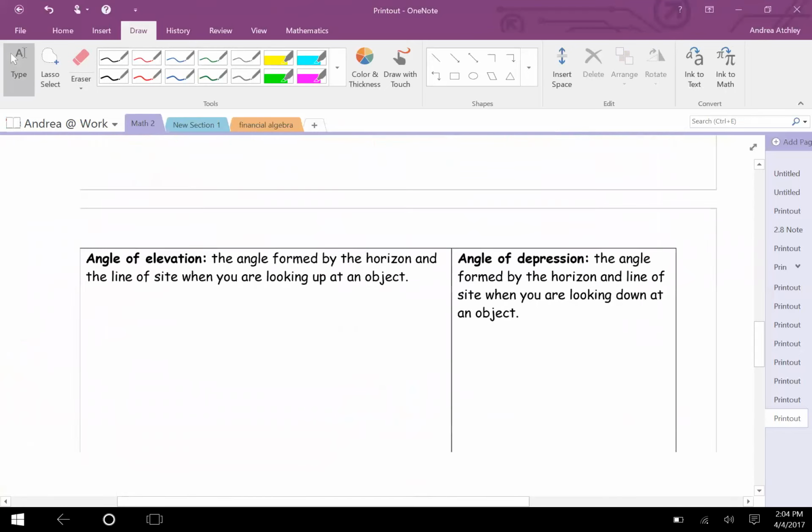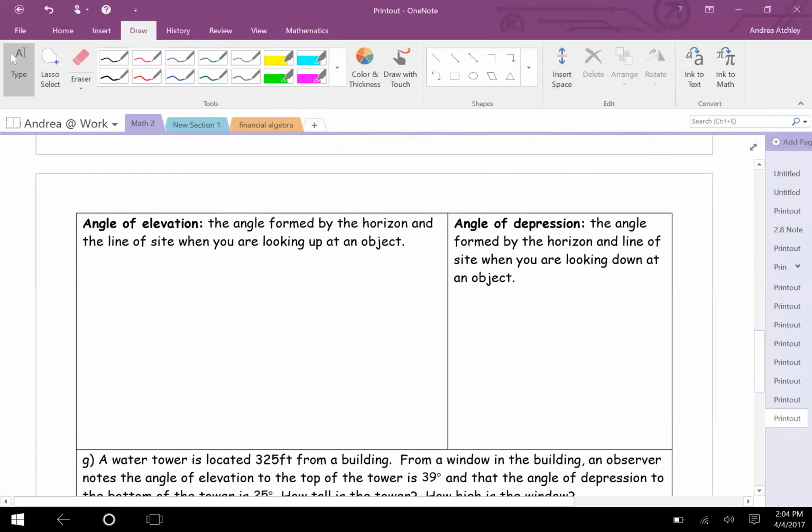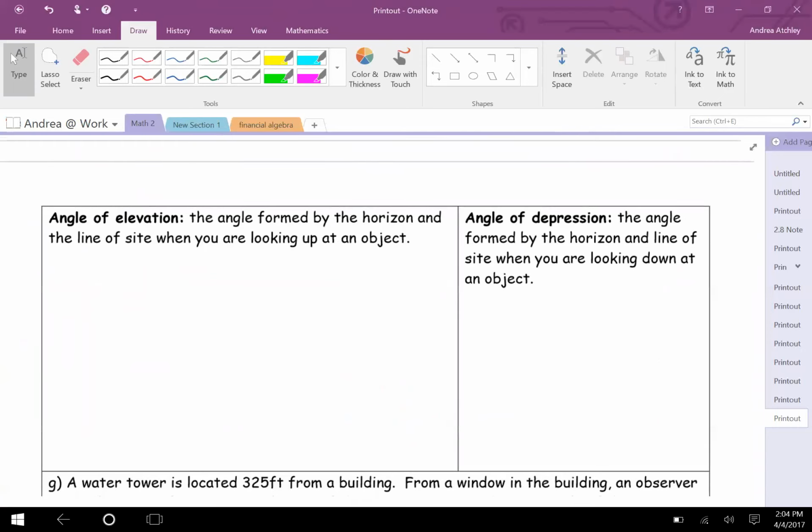Okay, angle of elevation is the angle formed by the horizon and the line of sight when you're looking up at an object. Okay, I always think of elevation as you're looking up because you're being elevated, or whenever you're going up in elevation, you're going up. So that helps me remember to look up. So underline up. We're going to draw a pretty picture.